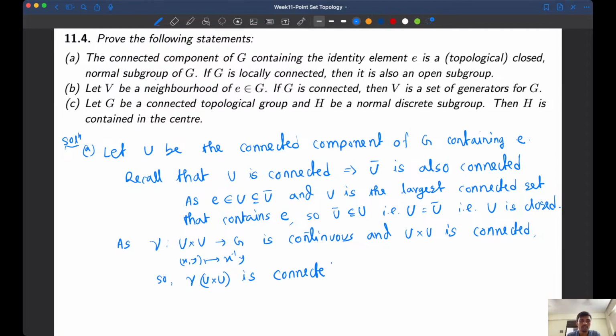And obviously as E belongs to U, nu of E comma E is just E, so E belongs to nu of U cross U. So this is also a connected subset containing E. So again, by maximality or largestness of the set U, this implies that nu of U cross U is contained inside U, as U is the component containing E.